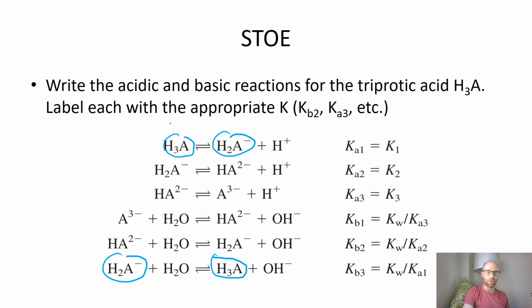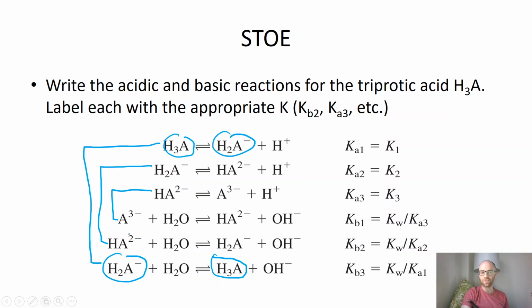So when multiplying them to figure out the values, Ka1 times Kb3 equals Kw. You can also say that Ka2 times Kb2 equals Kw, and Ka3, or K3, times Kb1 equals Kw. And those relationships will carry through if we get into 4 or 5 or more protons. So the first deprotonation corresponds to the last protonation.